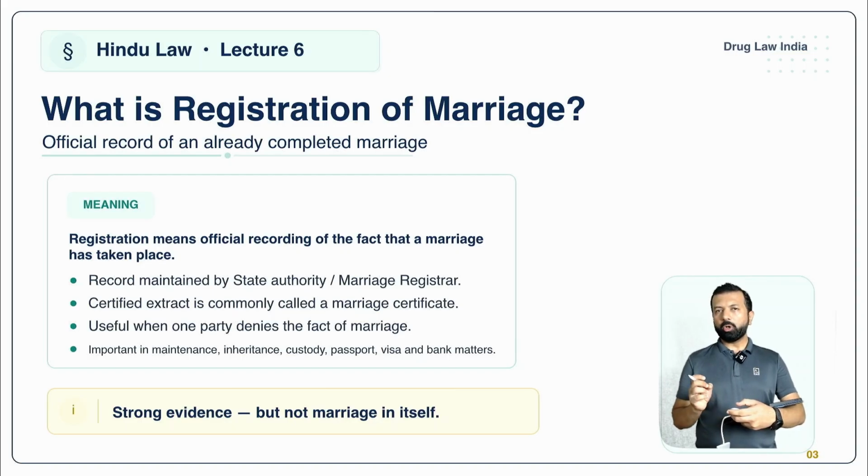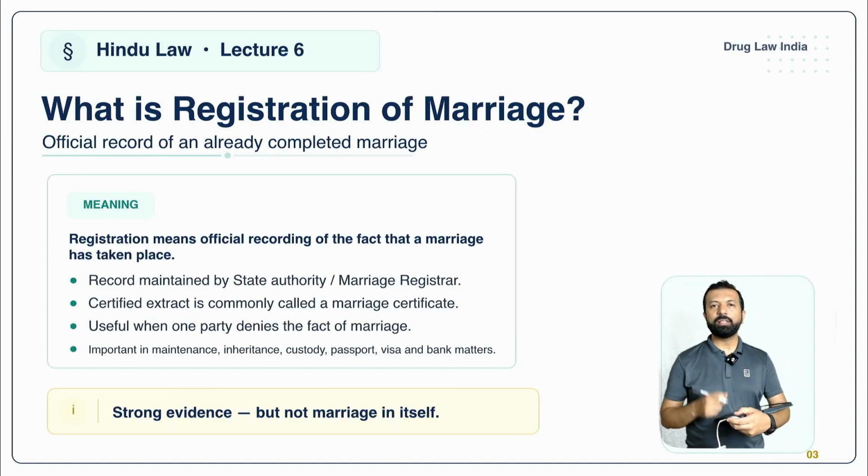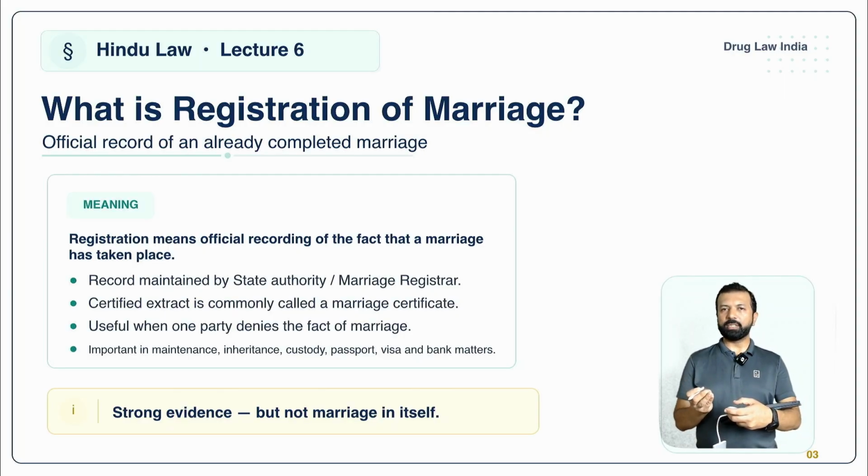This is important because disputes do not only arise about the rights within marriage. Many times the dispute is about whether the marriage exists at all. One party may say that we are married, while the other party may deny the marriage completely. This may arise in maintenance cases, inheritance related disputes, child custody matters, residential rights, and even in cases where nomination in a bank is involved.